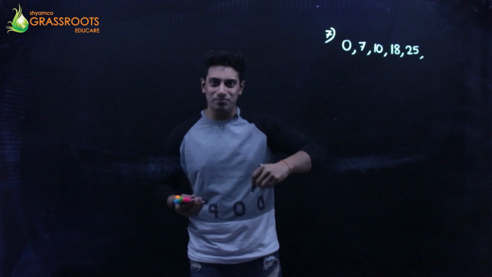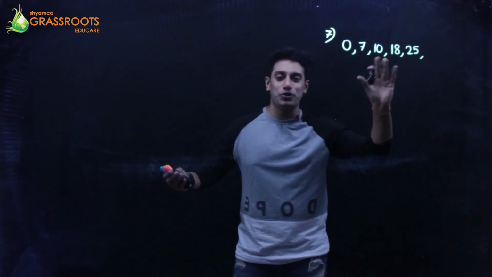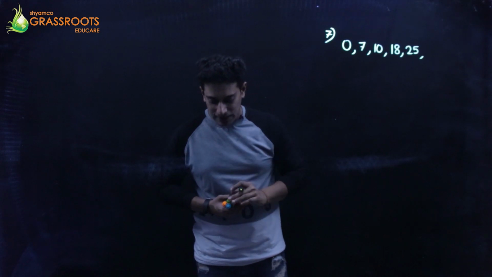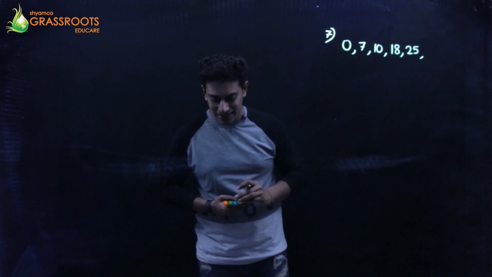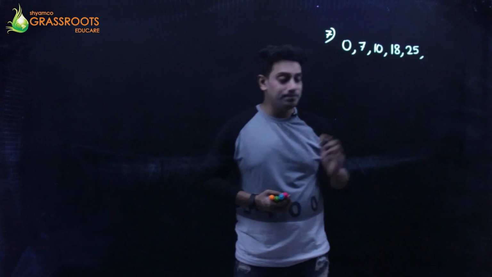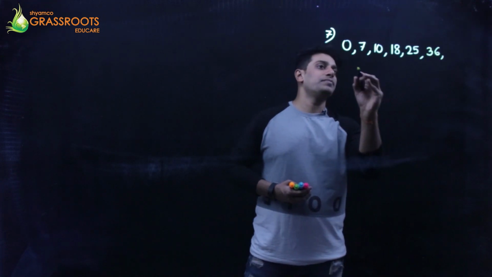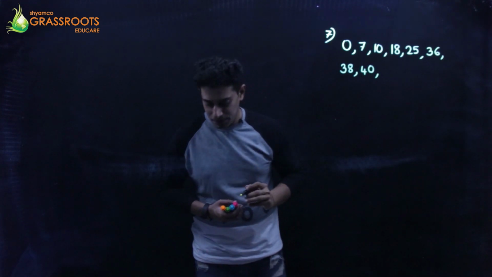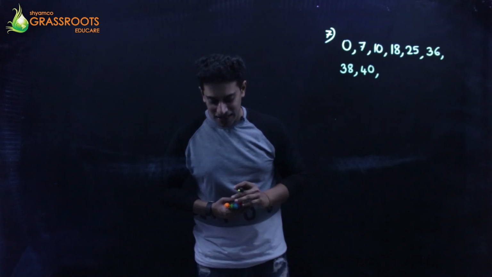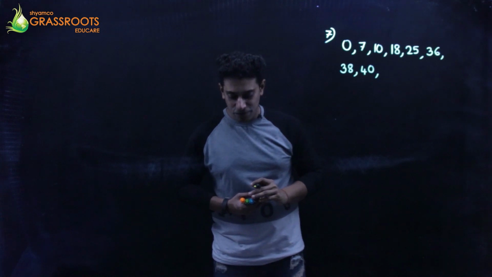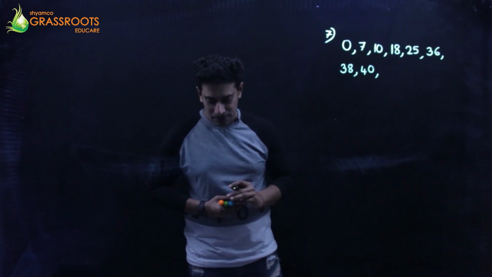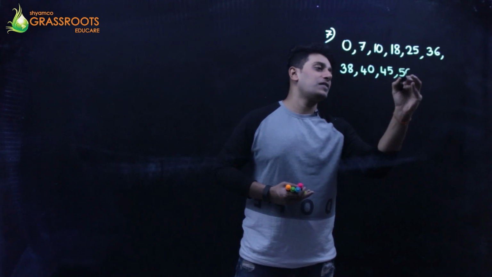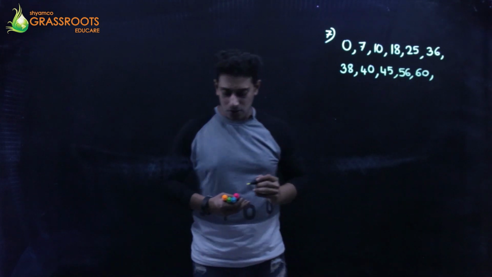The data is just raw, I'm just putting it in ascending order. 25, then we have 36, 38, then we have 40, after 40 we have 45, then 56, 60.